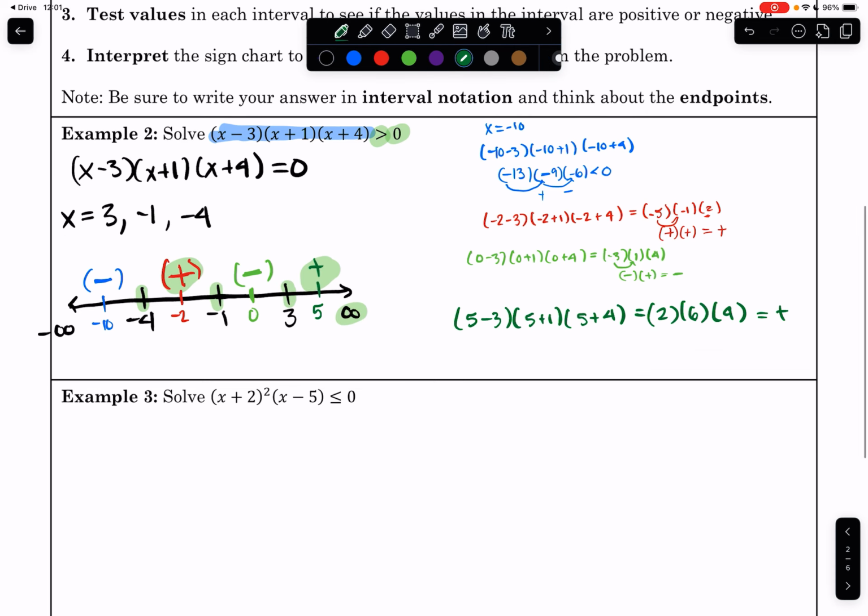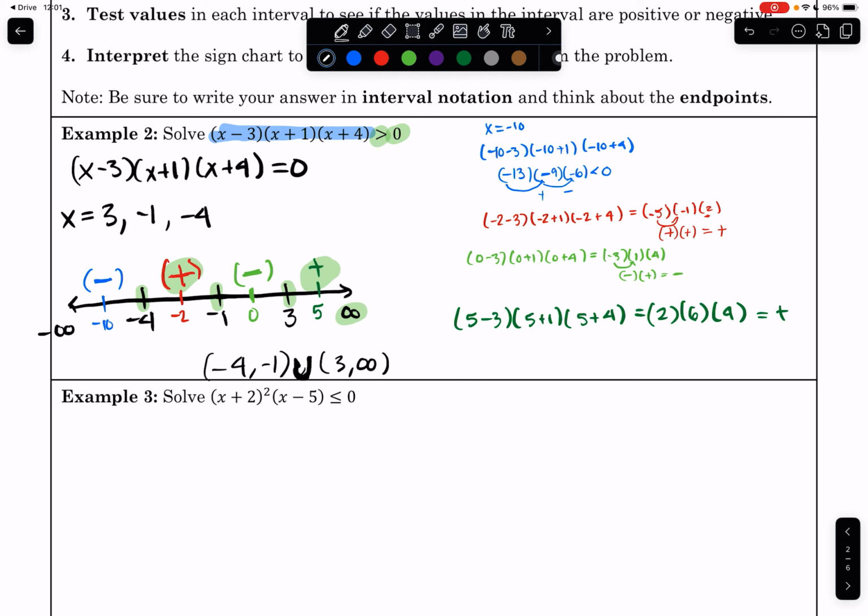So the solution to this is -4 to -1 and 3 to infinity. So any number that falls within that interval is going to be greater than 0.